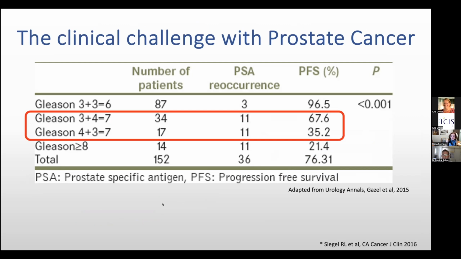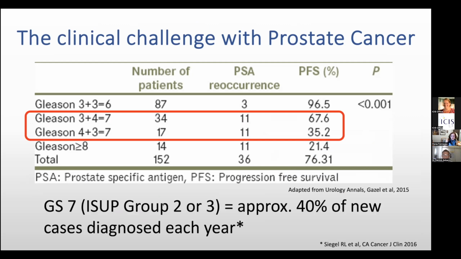The problem is the progression-free survival is really quite different between the two if these were left untreated. And the other issue is that these are approximately 40% of new cases diagnosed each year. So the role that MRI has to play really has to help us differentiate this 3 plus 4 versus the 4 plus 3, because they have a clinically significant different outcome.